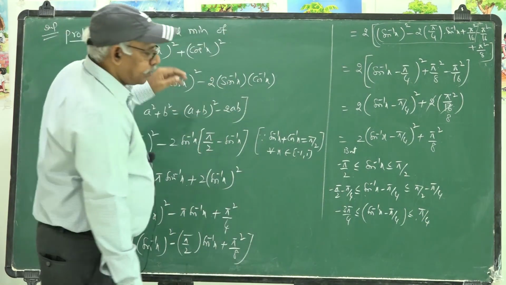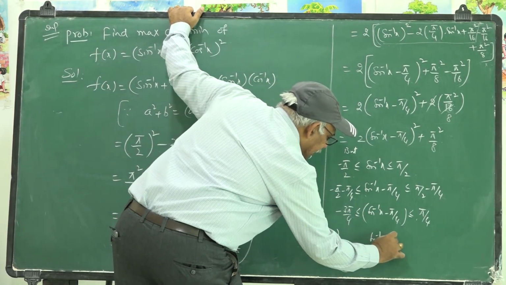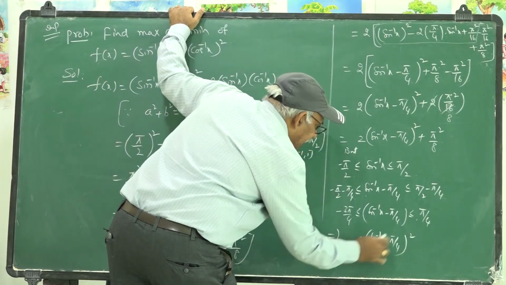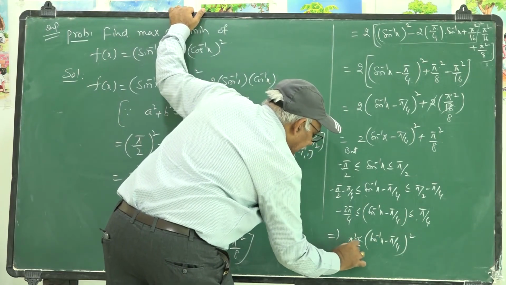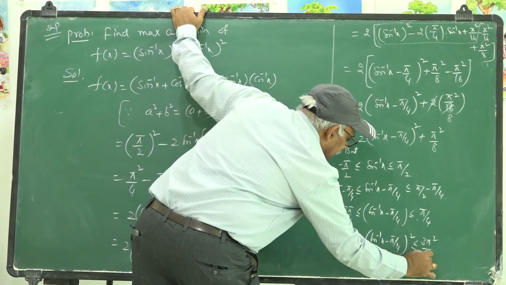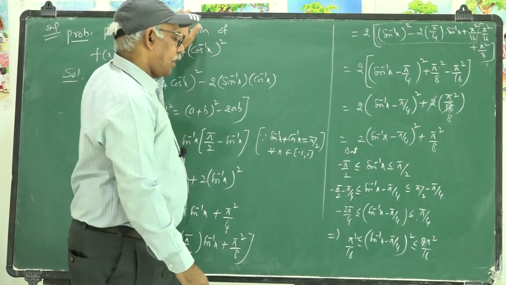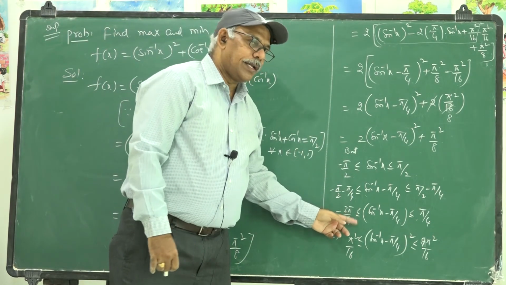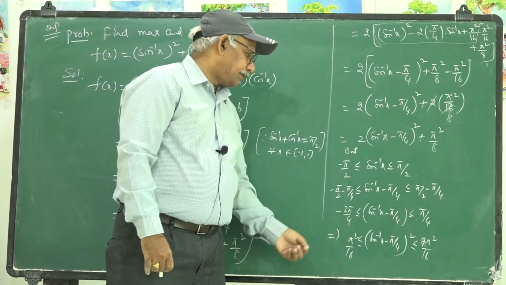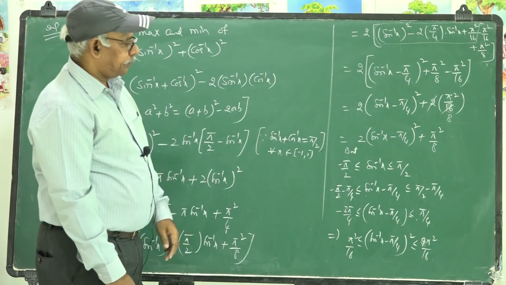Now, squaring throughout the inequality. This sin inverse x minus pi by 4 whole square lies between pi square by 16 as well as 9 pi square by 16. Squaring the inequality, the square of this term comes to the maximum value and square of this term comes to minimum value.